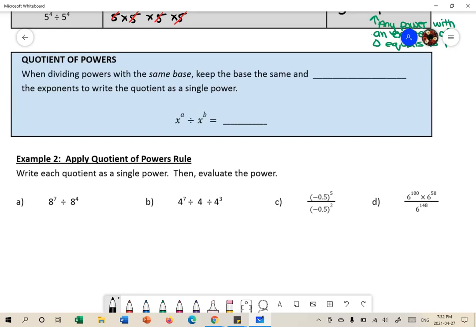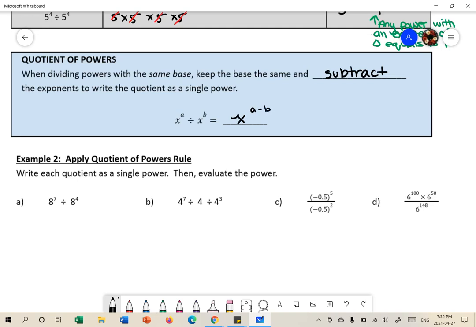When dividing powers with the same base, keep the base the same and subtract the exponents to write the quotient as a single power. So x raised to a divided by x raised to b. We're going to keep the base the same, and we're going to subtract the exponents.